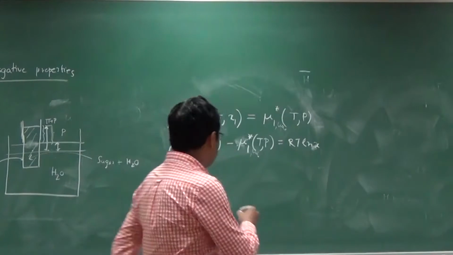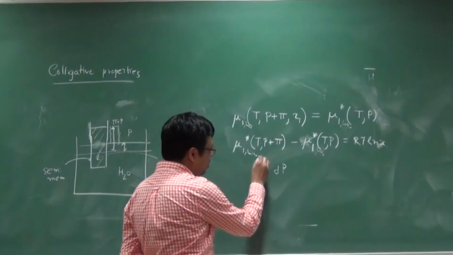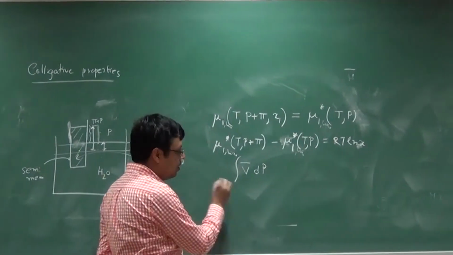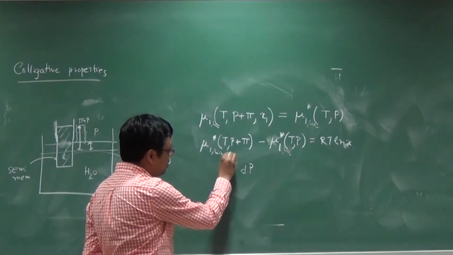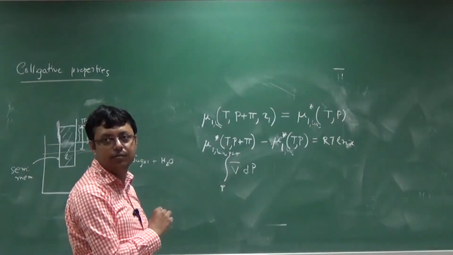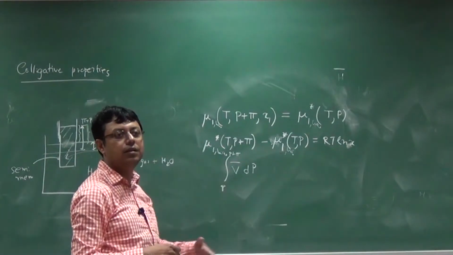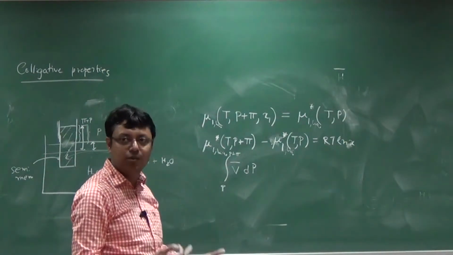So I can write this as nothing but V bar dP, where the pressure changes from P to P plus pi. As simple as that. Clear? Because the chemical potential difference is nothing but the Gibbs free energy difference per unit mole.